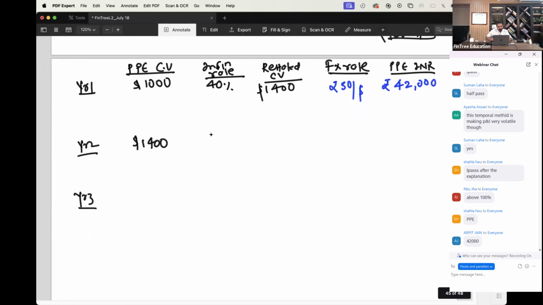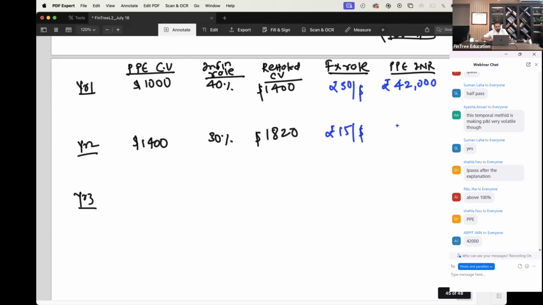Next year, we will say the opening value in dollar terms is 1400. This year we had inflation of 30%. So let's readjust the value. 1400 into 1.3 is 1820. Now, ideally, the dollar should depreciate by 30%, but let's depreciate the dollar even more. So let's make this rupees 15 for a dollar.